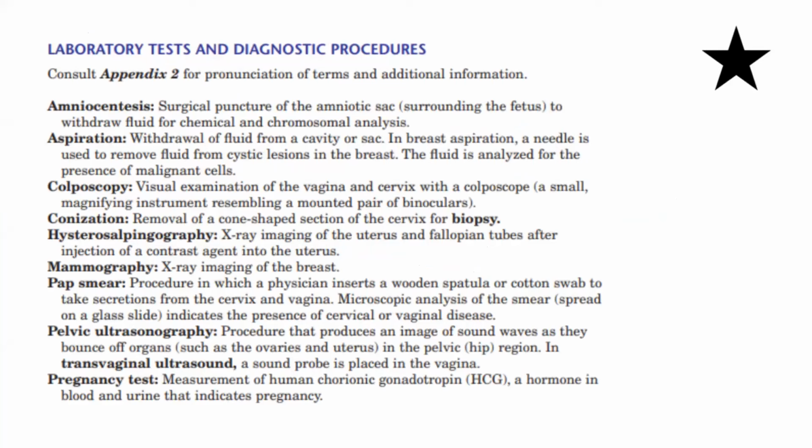For example, the first word, amniocentesis. When we have talked about how we are developing in the mother's uterus, this is the uterus, and we get two cells, half from father and half from mother. This is the vagina.